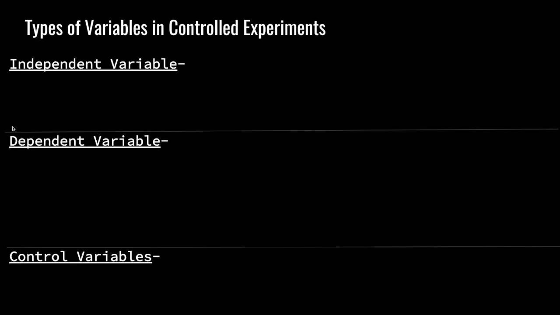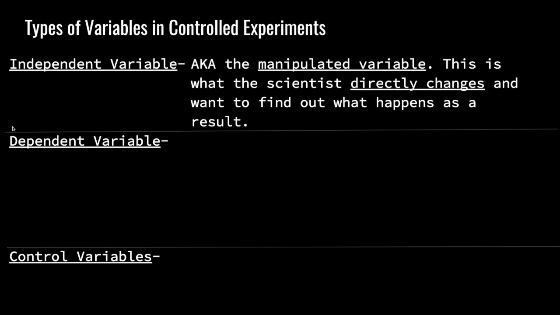Now we have a couple of different types of variables. We have 3 different types: our independent variable, which we touched on in the last slide but we're going to go into more depth, a dependent variable, and then control variables. The independent variable is the one that is manipulated, the one that can change.